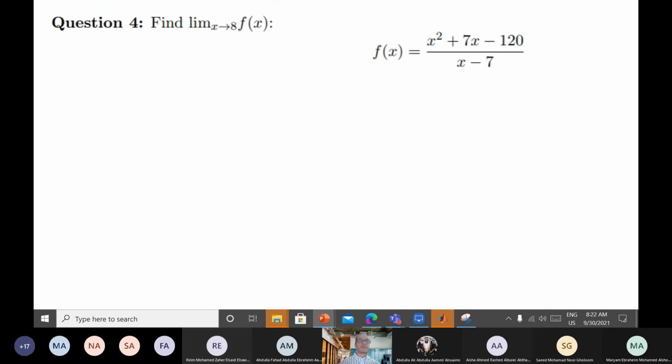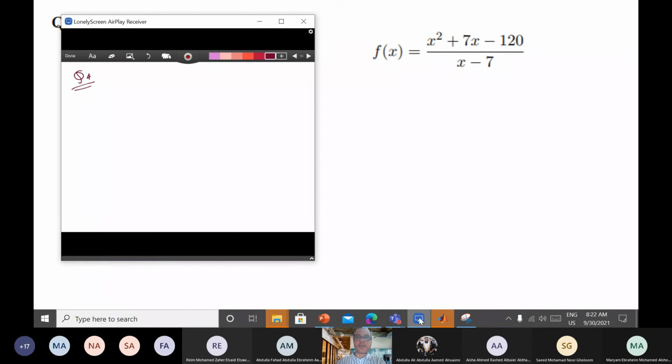Find the limit when x tends to a for f of x. What are you going to do? Just substitute, right? Limit when x tends to 8 for x squared plus 7x minus 120 over x minus 7. Can you factorize this one? If you cannot factorize it, leave it as it is.